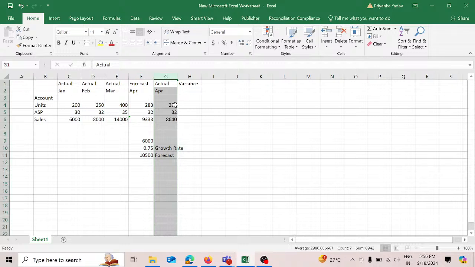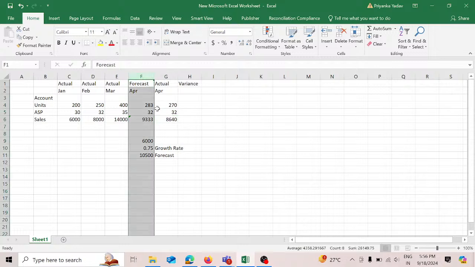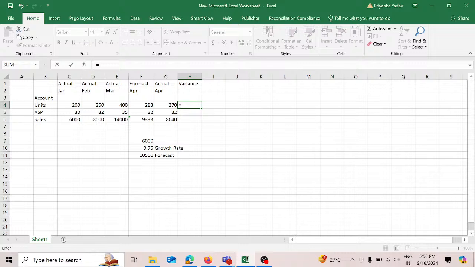Okay, this is the actual, and I have got the actual figure for the month of April, and we have done the forecast already. This was on the moving average basis. So now shall we calculate the variance? This is the difference between the planned and the actual.